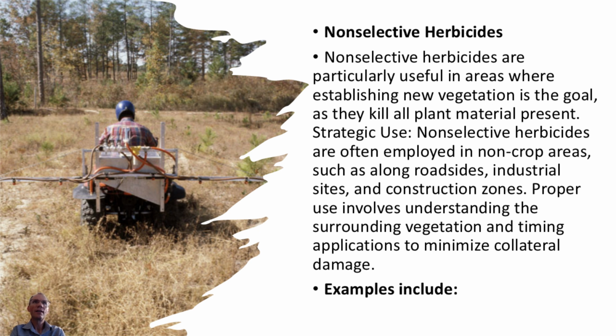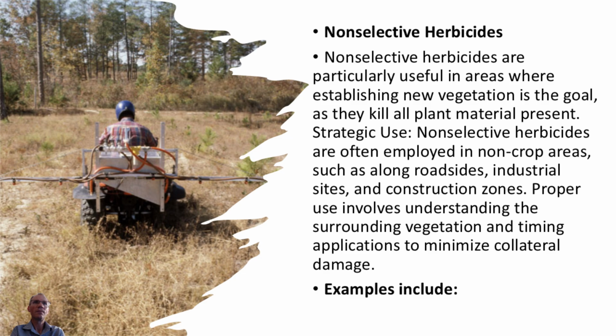Strategic use. Non-selective herbicides are often employed in non-crop areas, such as along roadsides, industrial sites, and construction zones. Proper use involves understanding the surrounding vegetation and timing applications to minimize collateral damage.